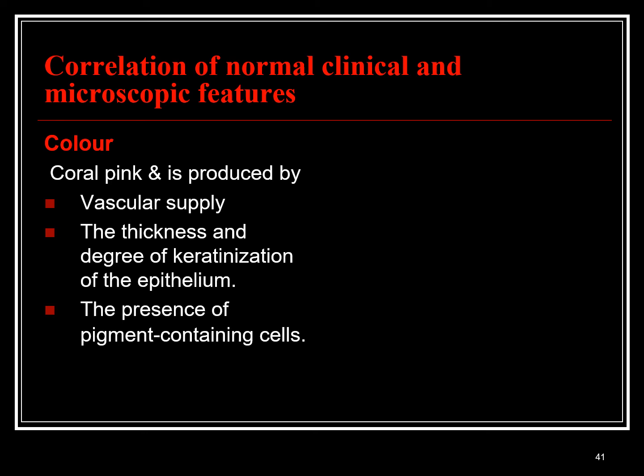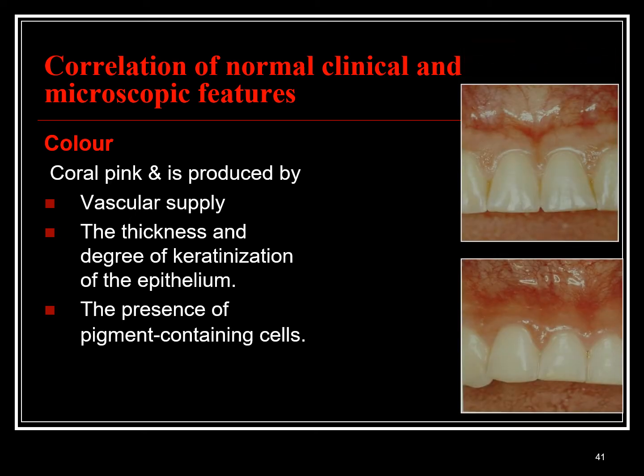But if there is inflammation or infection, the color changes from normal coral pink and becomes reddish to bluish, because of the engorgement of the vascular supply beneath the epithelium. So this is a normal coral pink color which can be seen in the figures.